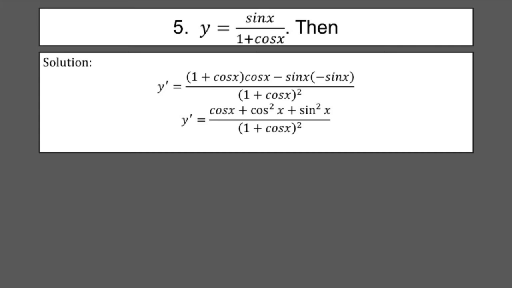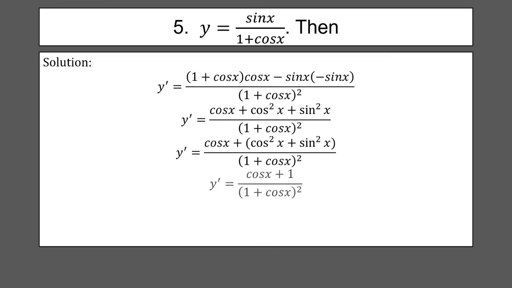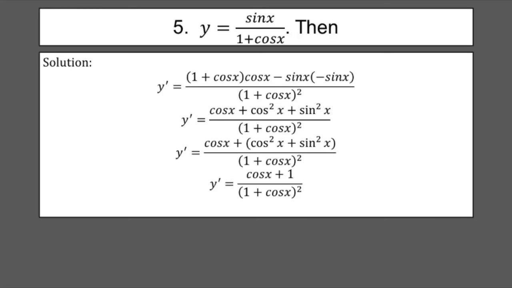Next, we distribute to expand our equation. y prime equals cosine x plus cosine squared x plus sine squared x all over 1 plus cosine x squared. Remember your trigonometric identities, particularly your Pythagorean identities. We know that cosine squared x plus sine squared x is simply equal to 1.